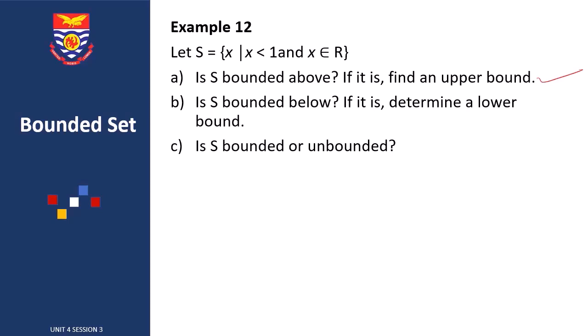So we can say that the set is not bounded below. Is the set bounded or unbounded? The final answer: S is not bounded below, so the set is not bounded, it is unbounded. Though it is bounded above, it is not bounded below. It will grow in one direction, grow and grow and grow. There will be no limits.